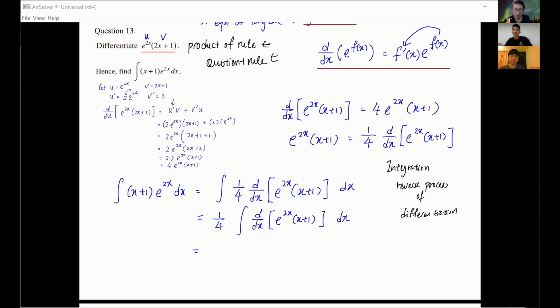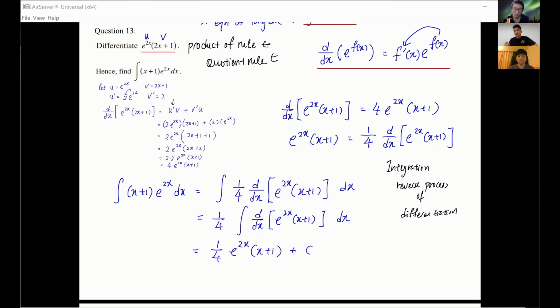What does it give you? People, can you answer me in the chat box? Now you differentiate and then you integrate back. So it would just give you the same thing because as I say, integration is just the reverse process of differentiation. So you can just write out 1/4 e to the 2x, (x plus 1), and plus c.